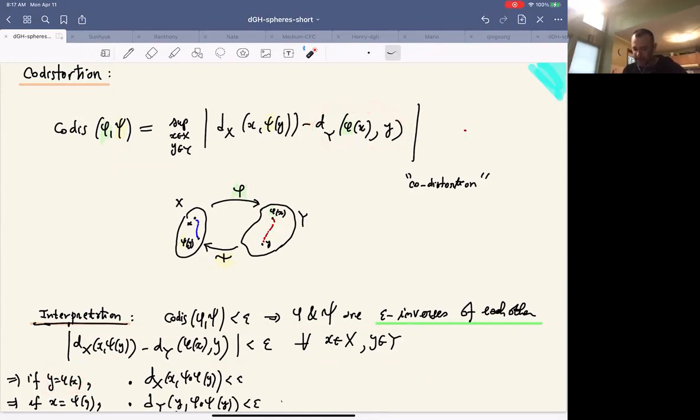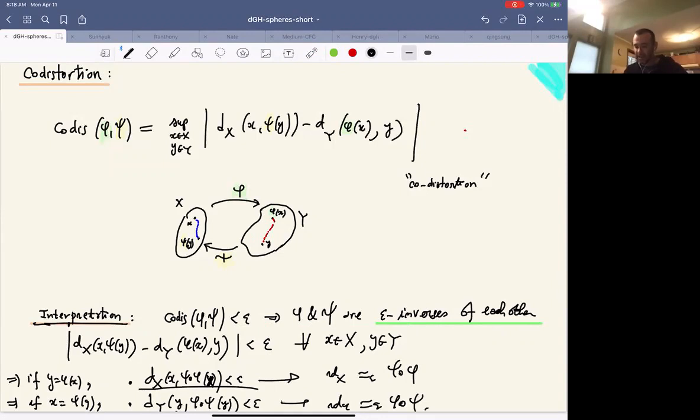So I have that the distance d_X between the point x and psi of phi of x is bounded by epsilon. That's why I say that the identity on X is epsilon close to psi of phi. And then you can obtain something similar here, that the identity on Y is very close to phi of psi.